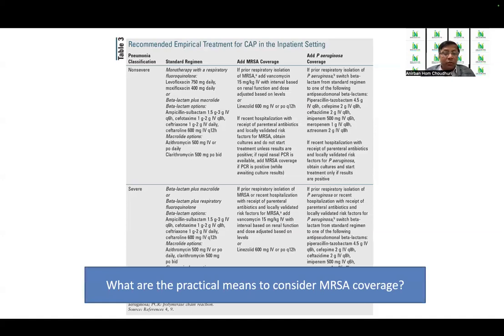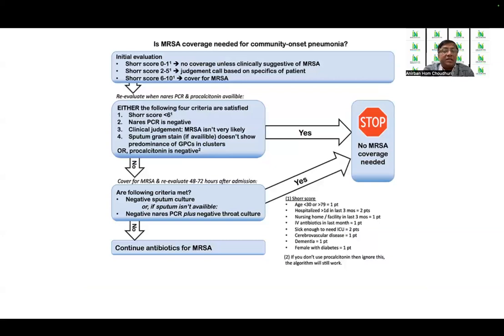Now the question comes: what are the practical means to consider MRSA coverage? There is a score known as the SHORE score, which includes age either less than 30 or more than 75 as 1 point, hospitalized more than 1 day in the past 3 months, 2 points, nursing home or facility for the last 3 months, 1 point, IV antibiotics in the last month, 1 point, sick enough to need ICU, 2 points, cerebrovascular disease, 1 point, dementia, 1 point, and female with diabetes, 1 point.